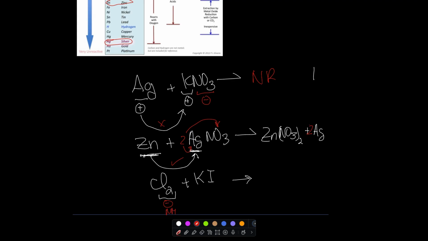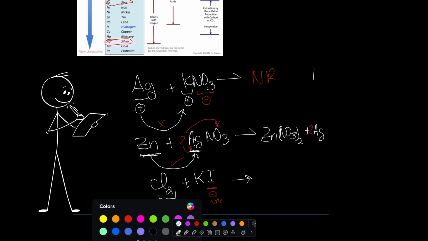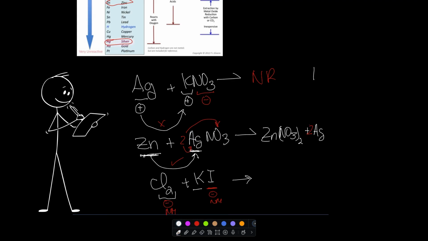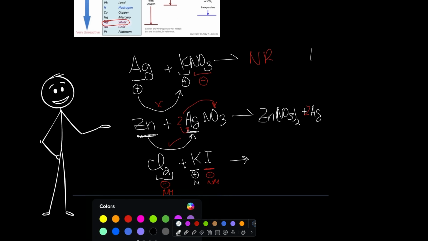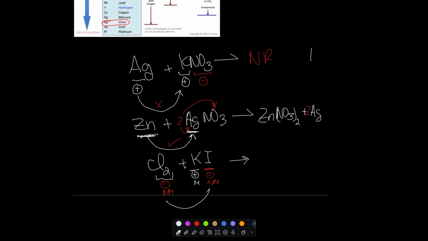In the second part, I is also a non-metal, while K happens to be the metal. What does that mean? Well, that means that Cl will seek to replace I and not K. Super important.